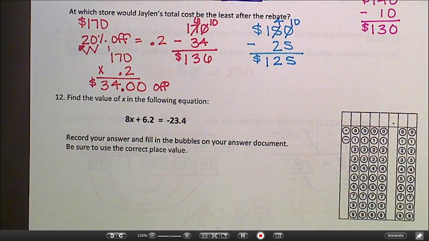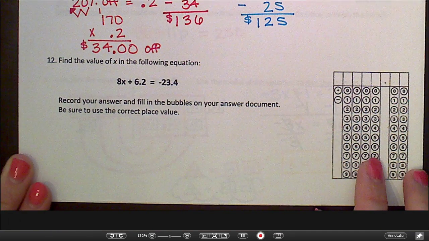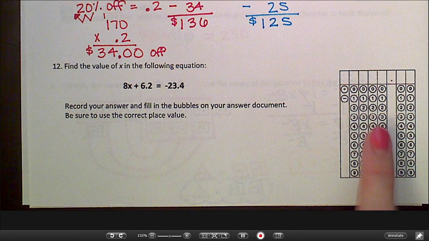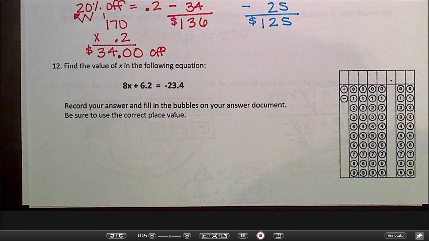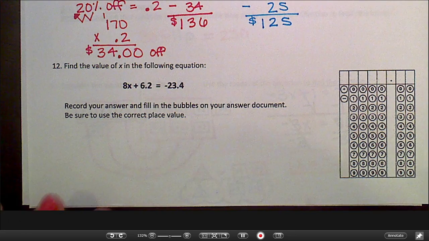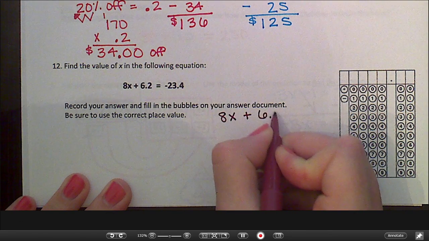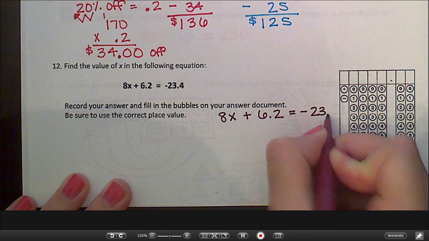Okay, we have one more question today. We need to find the value of x in this equation, and then we're actually going to have to bubble it in over here. So we need to talk about how to bubble in our numbers as well. So let's start solving. 8x plus 6 2/10 equals negative 23 4/10.